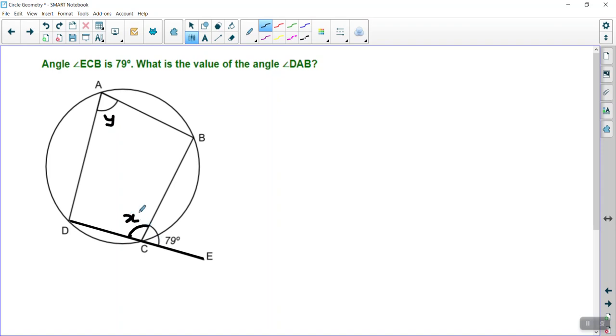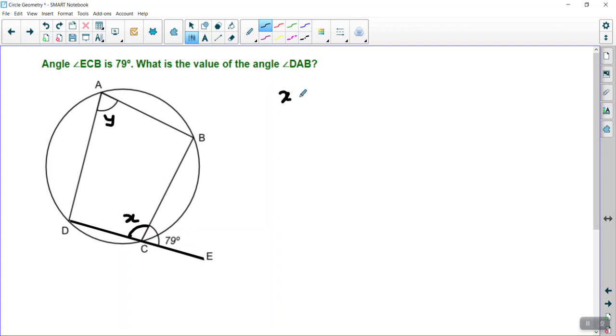Right? So these are the two opposite angles in the cyclic quadrilateral, whereas this x makes 180 degrees here with the exterior angle, right? Because it's on a straight line.